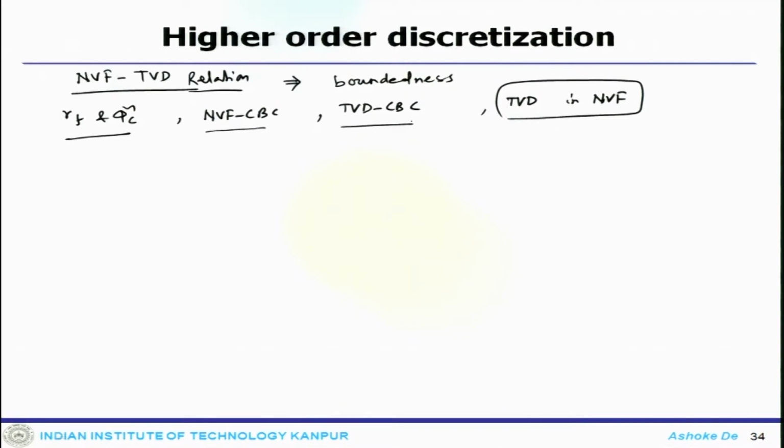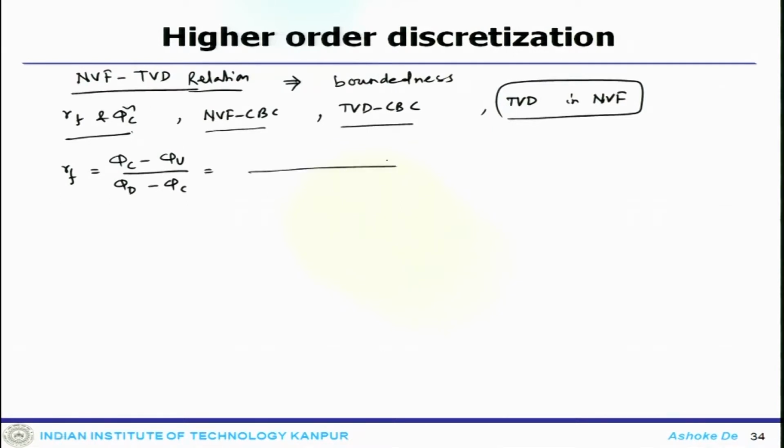Now, how do we proceed about that? To proceed, first we need to find the relationship between RF and phi c tilde. The definition of RF says it is the ratio between two consecutive gradients, which is (phi c minus phi u) divided by (phi d minus phi c).